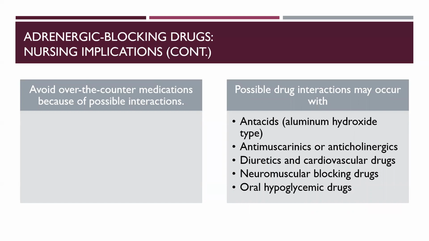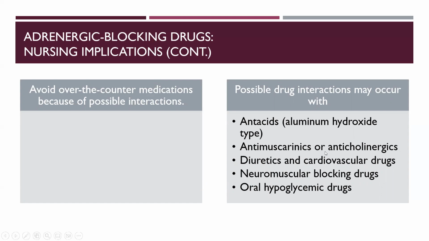So with it, you want to watch and avoid over-the-counter medications because of possible interactions, and also interactions that may occur with things like antacids, anti-muscarinics or anti-cholinergics, diuretics, cardiovascular drugs, and neuromuscular blocking drugs.